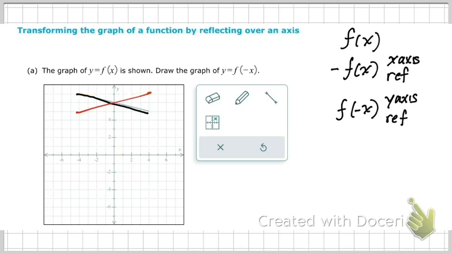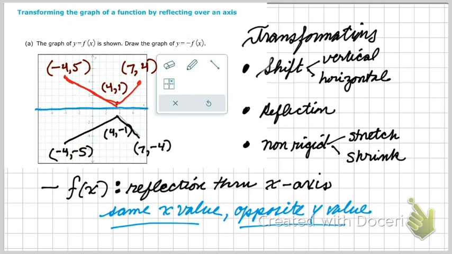And again, if we needed to, we could look at the specific points and say if I have this point here at (4, 5), then I have to have a reflected point at (-4, 5).